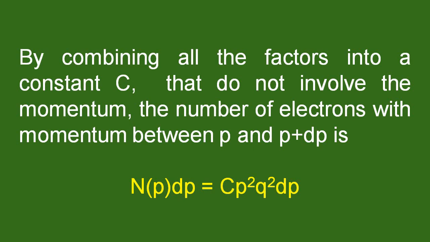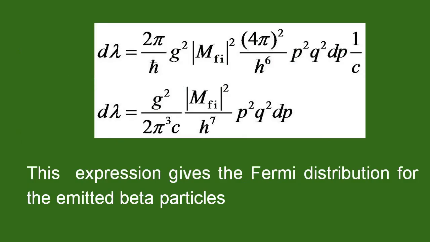By combining all the factors into a constant C, that means those factors that do not involve the momentum, the number of electrons with the momentum between P and P plus dP is this expression, and all these terms are independent of momentum.